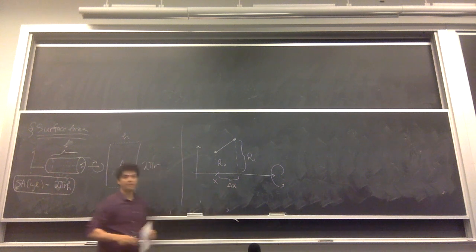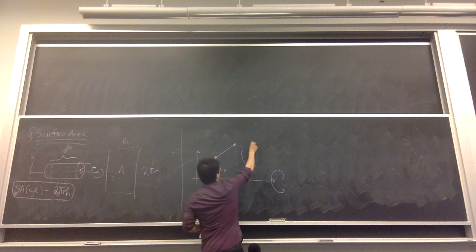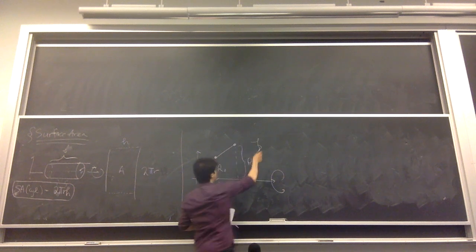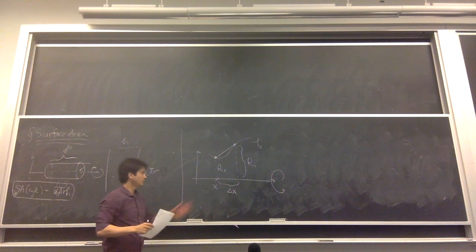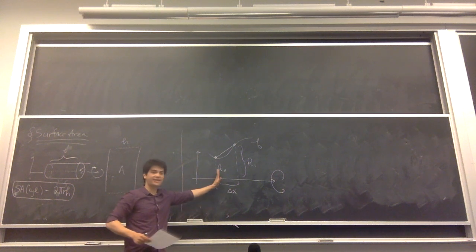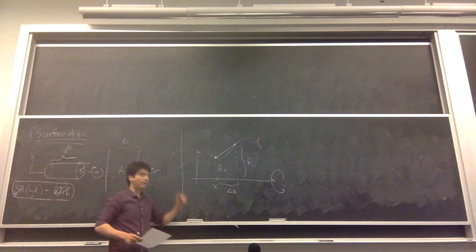There's some function f that's really going through these two points. x is just a position along the x-axis, and I want to move out a little bit further. Does everyone get the setup? Okay.